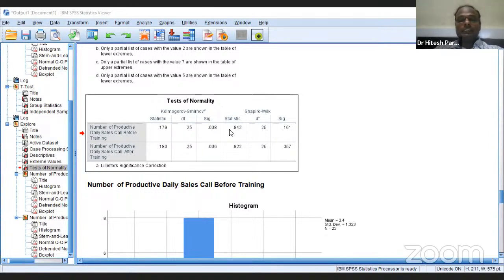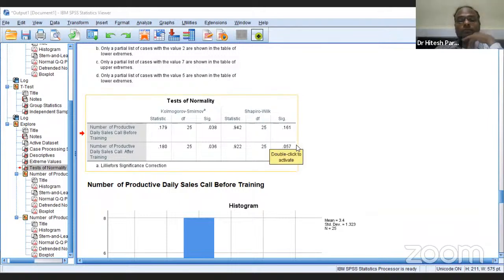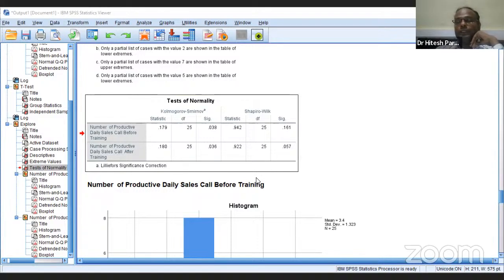Now let us discuss Shapiro-Wilk. 0.16 and 0.057. Is it normal? Yes, it is normal.